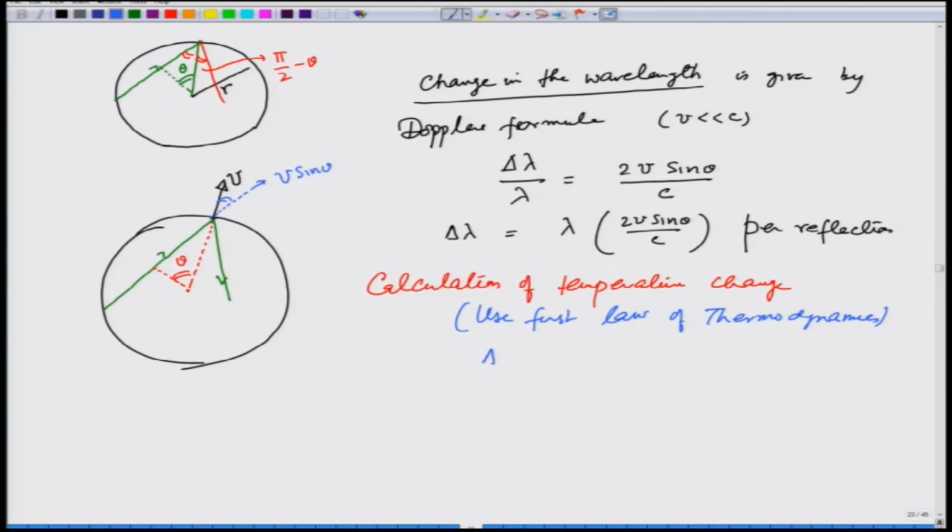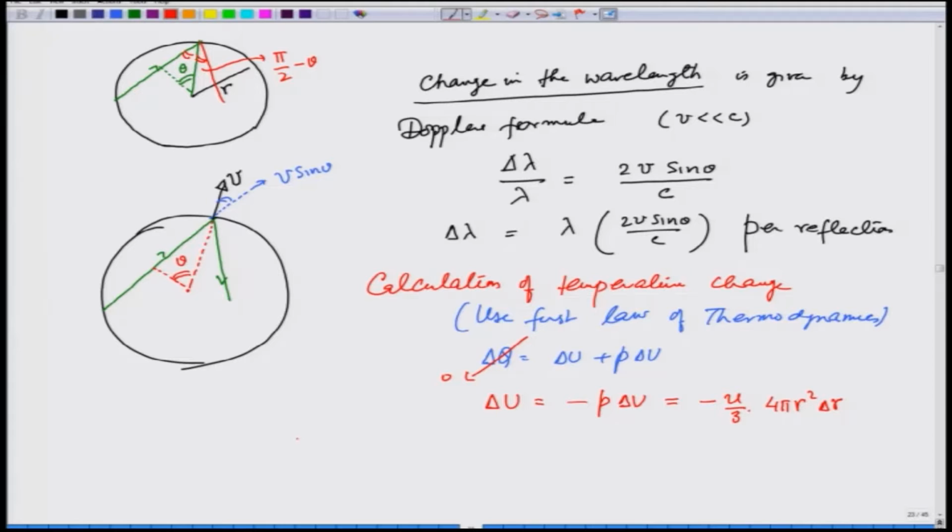Which says that delta Q is equal to delta U plus P delta V. Now, I am taking an adiabatic expansion, so this is 0, and therefore delta U is equal to minus P delta V, which I can write as minus U by 3 times 4 pi r squared delta r, where r is the radius of the cavity.